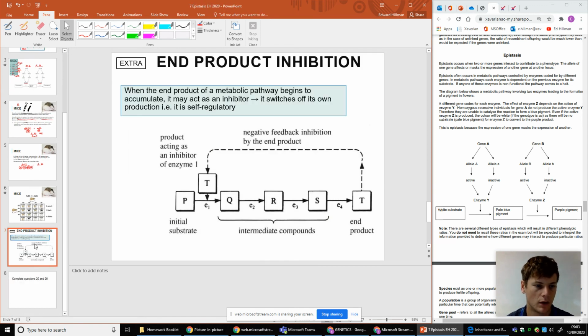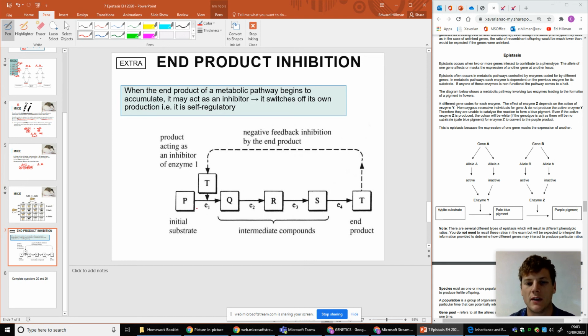Last little bit we'll do on this: sometimes epistasis is an important factor for regulating the amount of product produced. In some cases, one of the products, perhaps the end product of the metabolic pathway, acts as an inhibitor to an enzyme earlier in this sequence.